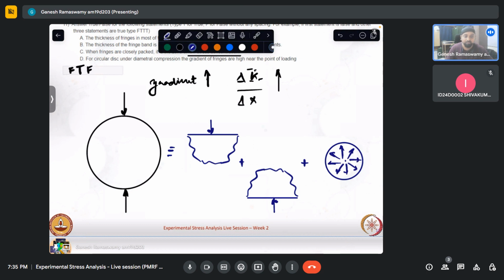So the sum of these three is what makes up the solution for this disk under diametral compression.